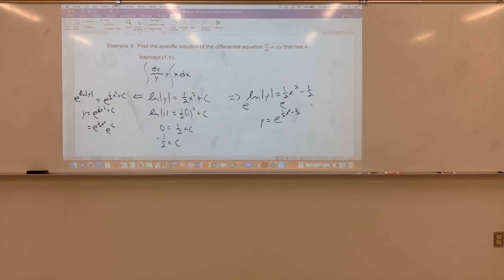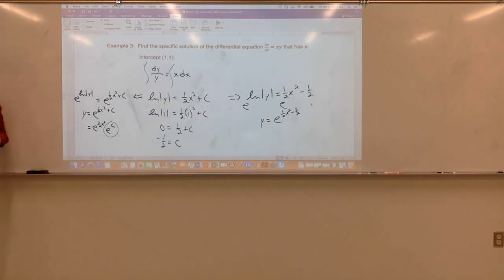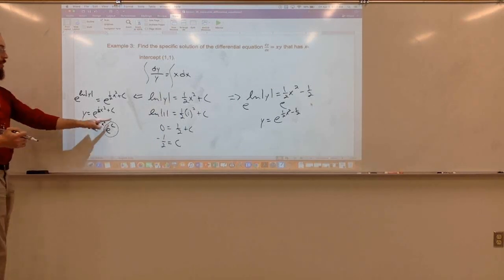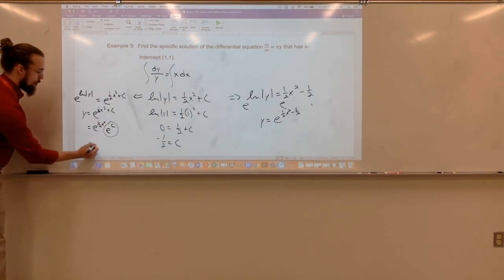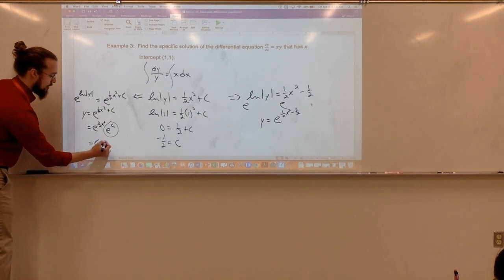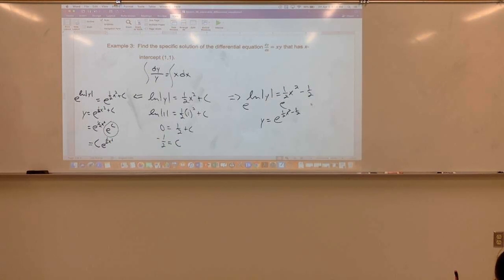And then they will say that this is still just a constant. E to some number is still just some number. So they will say that this is the arbitrary constant and write the answer like this: c times e to the 1/2 x squared power.